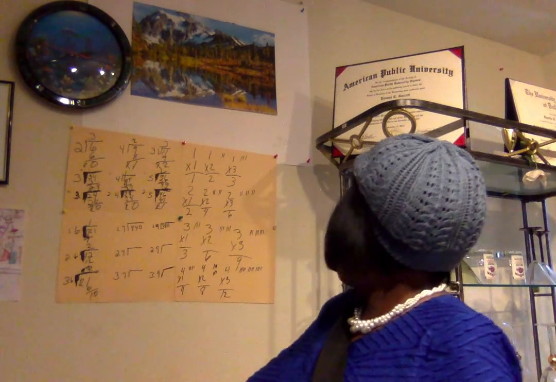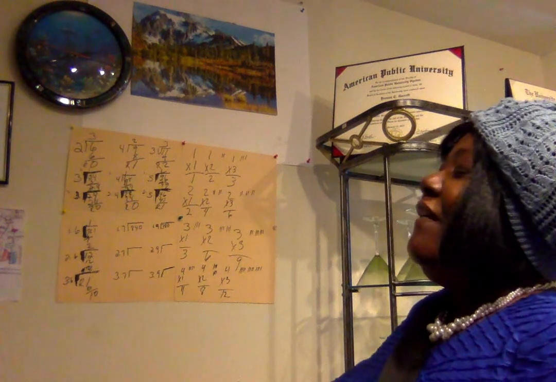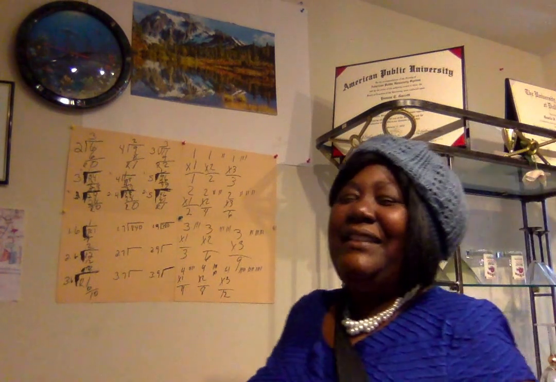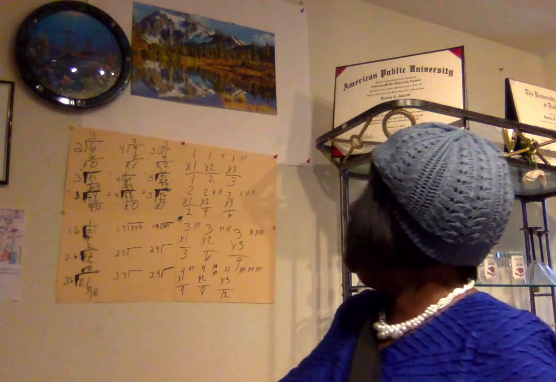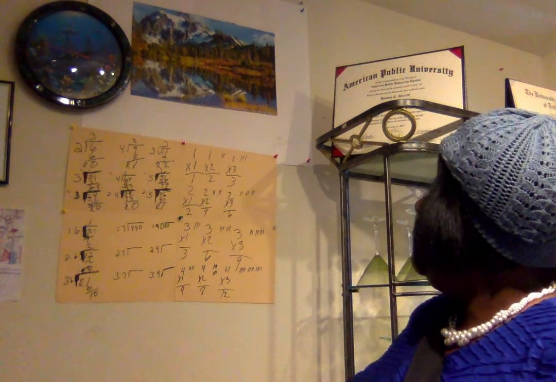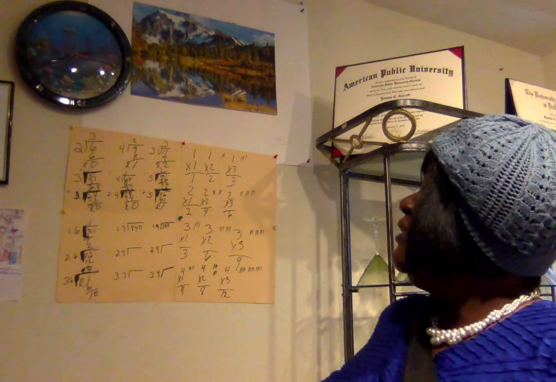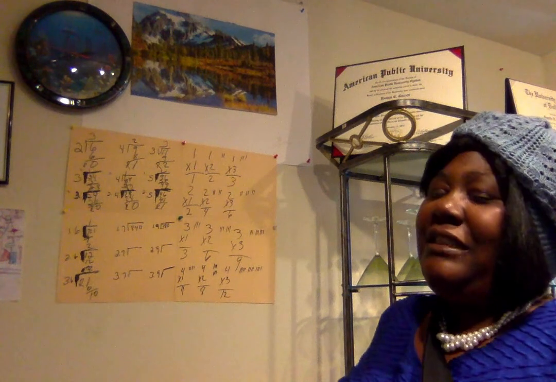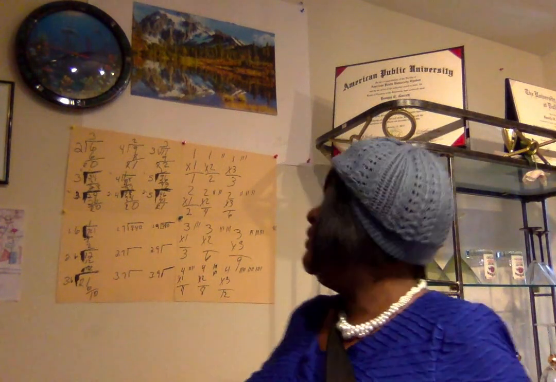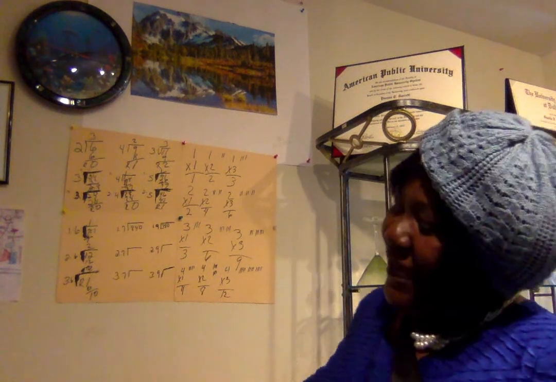So 4 into 28. 4 times 9 is what? 36. 36 is larger than what? 28. 4 times 8 is what? 32. 32 is larger than 28, so you know that's too much. So you go to 7. 4 times 7 is what? 4 times 7 is 28. Stop right there.